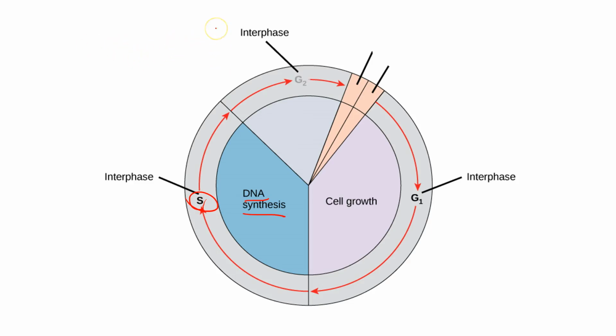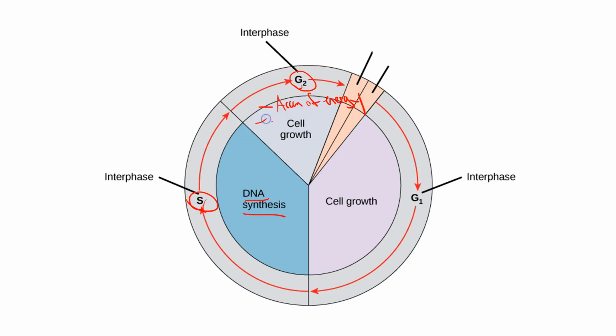So then the last phase before it gets ready to divide is the G2 phase, and this is just to kind of recuperate all of the expenditure of energy. So things that happen in the G2 phase, there's going to be more accumulation of energy to replenish all that was lost.